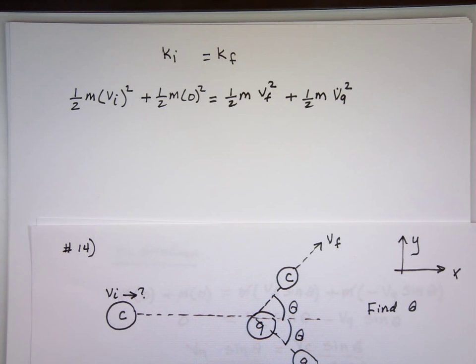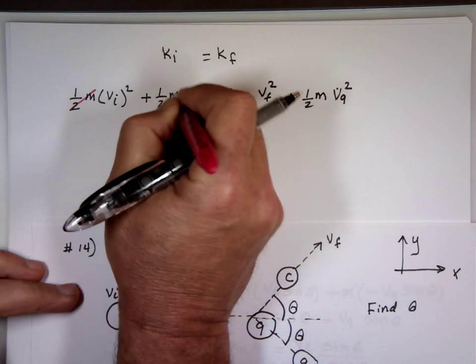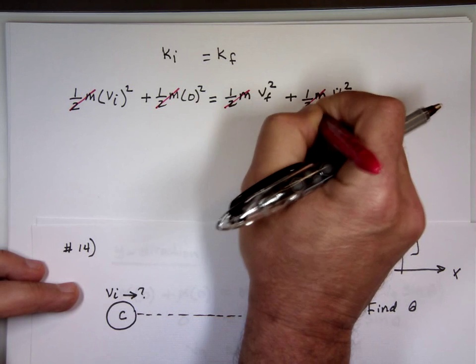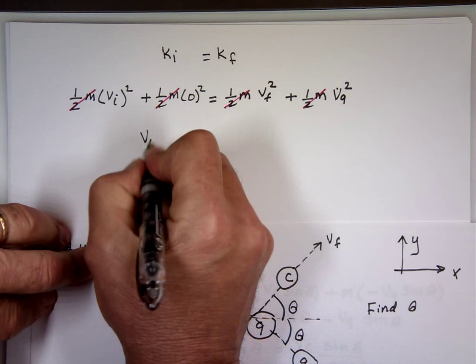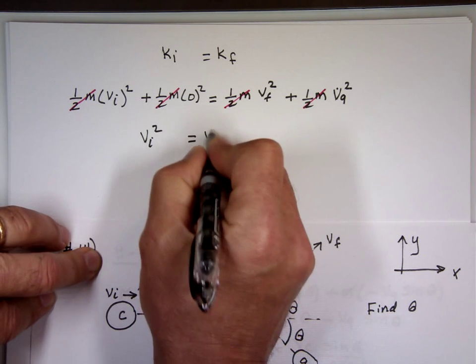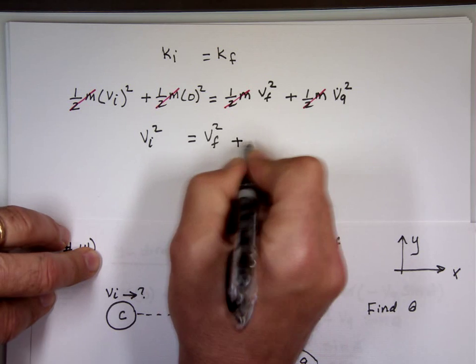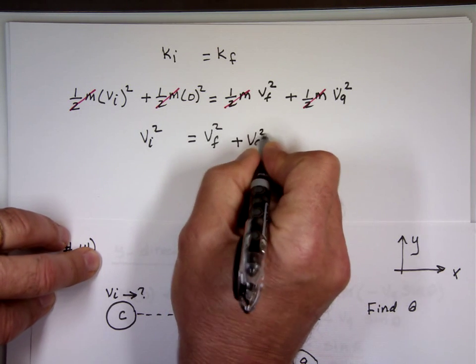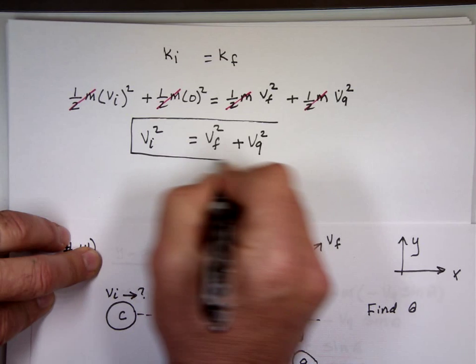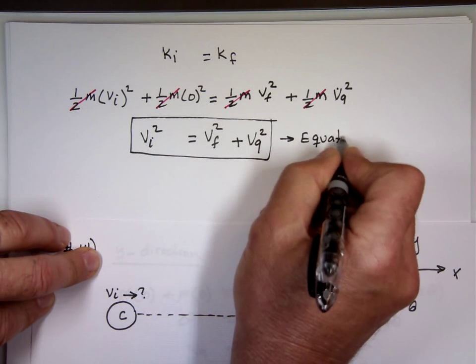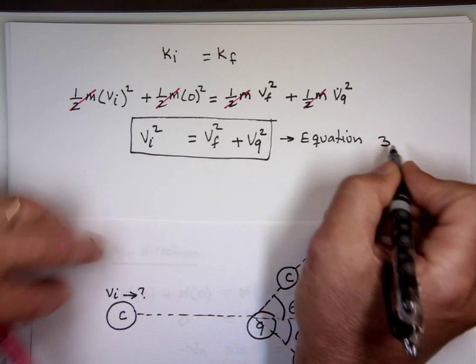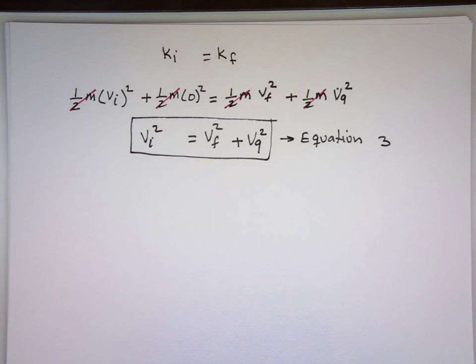Notice 1/2 m is in every one of them. Vi squared equals v final squared plus v9 squared. And that's my third equation. Here's the good news.